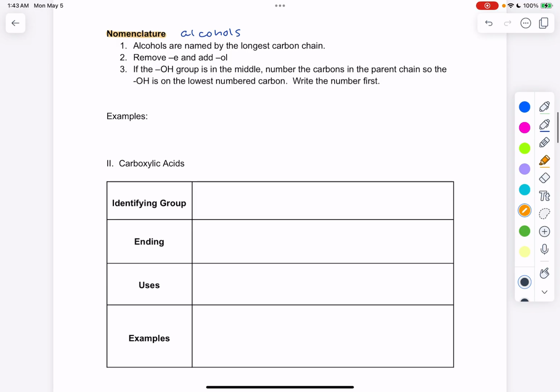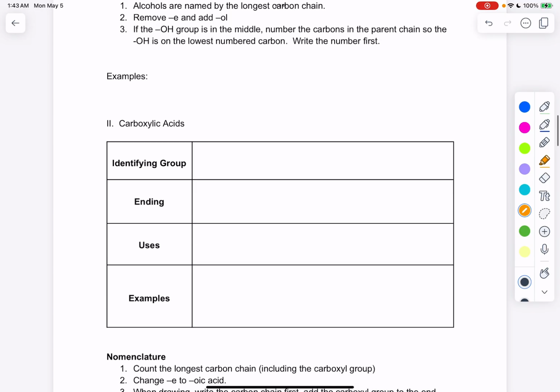All right. The next thing we're going to look at is a functional group called carboxylic acids. Now, these look like this: C, double bond O, OH. Now, the rest of these have hydrogens here.